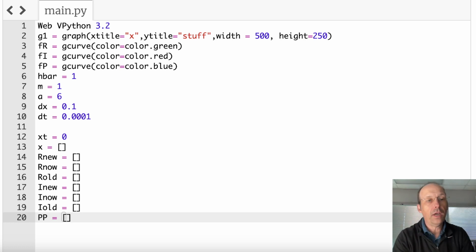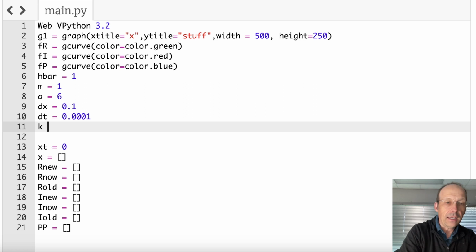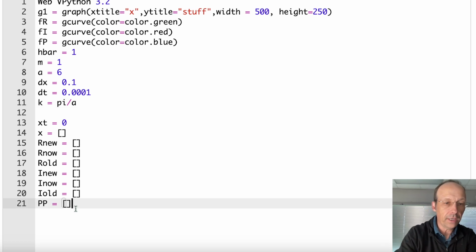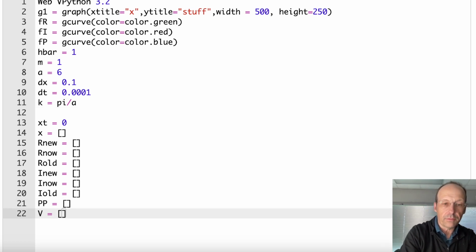Let me go ahead and make, if I have A, I'm going to say K is equal to pi over A, right? And so that way I can use my normal solutions when I'm going to start with my normal solution. Oh, I need one more function right here. V equals an empty list.